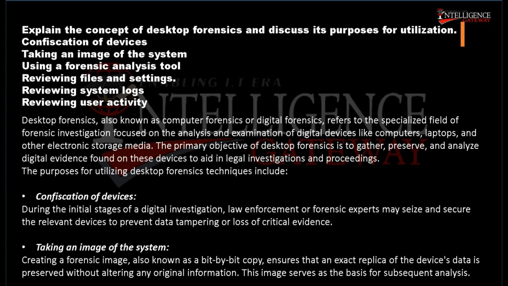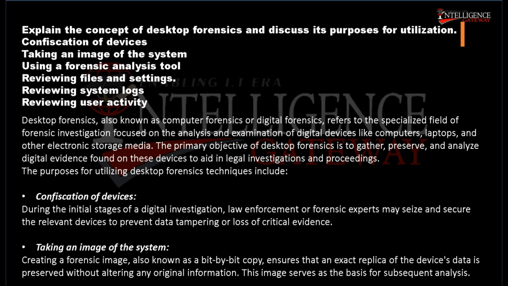Desktop forensics, also known as computer forensics or digital forensics, refers to the specialized field of forensic investigation focused on the analysis and examination of digital devices, like computers, laptops, and other electronic storage media. The primary objective of desktop forensics is to gather, preserve, and analyze digital evidence found on these devices to aid in legal investigations and proceedings.